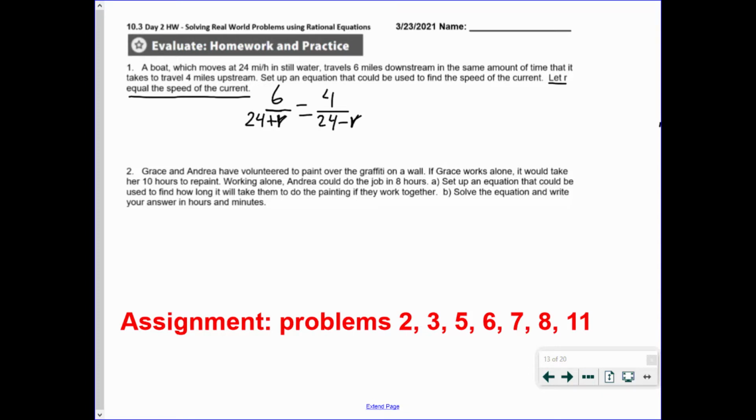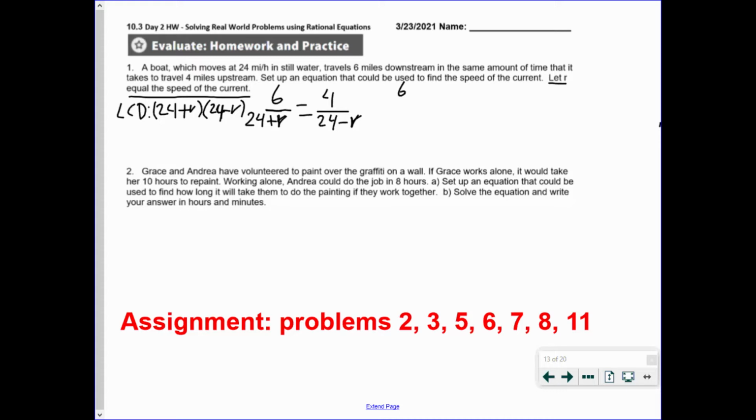So this is what our equation is going to be for number 1. Now we need to figure out our least common denominator. It will be 24 plus r times 24 minus r. It's a little cramped, but I don't have much room, and that's what your LCD should be. Once you have your LCD, multiply it with each fraction.